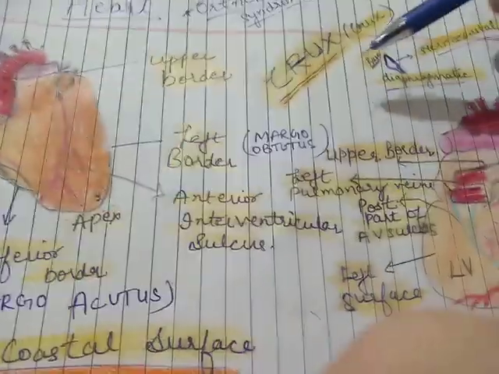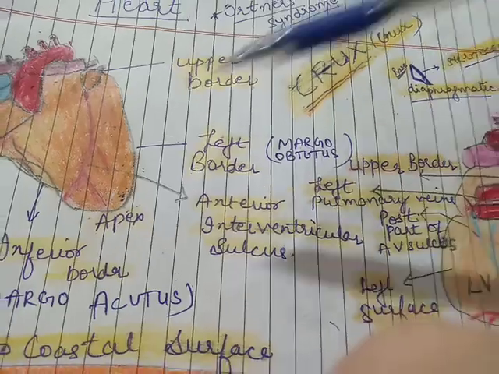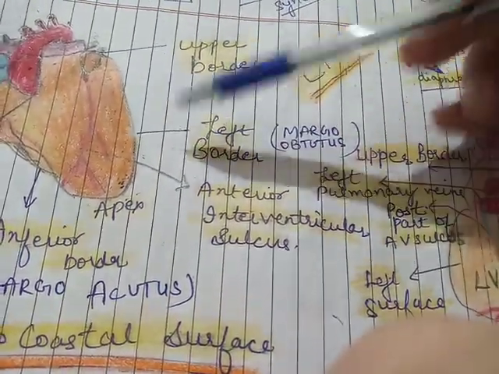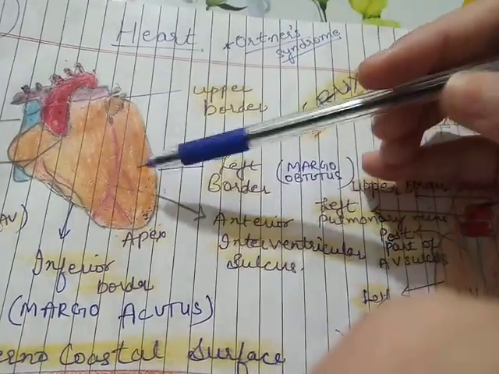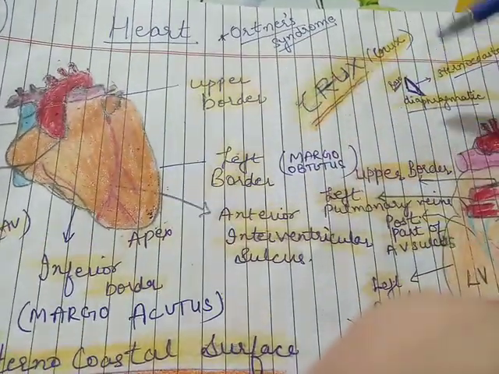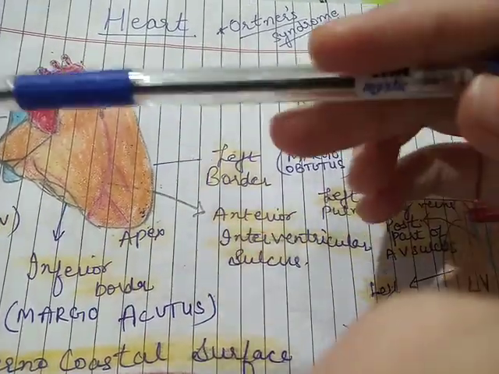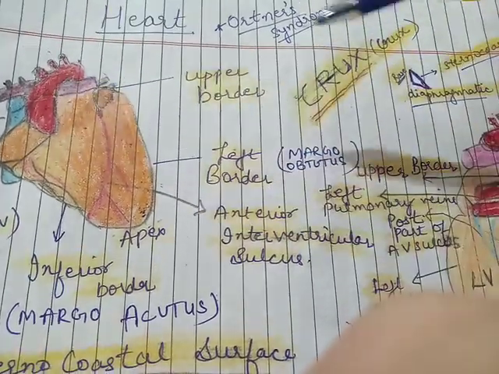Likewise, I have drawn a triangle this way, right? This is the sternocostal surface, which is formed mainly by the ventricles. I am comparing the shape of the heart with this three-sided triangle. This is the base, posterior to these vessels, which is formed by both the right and left atria.